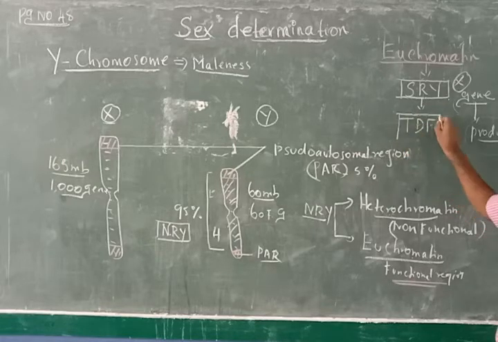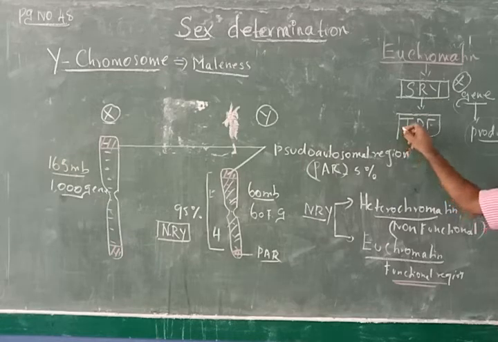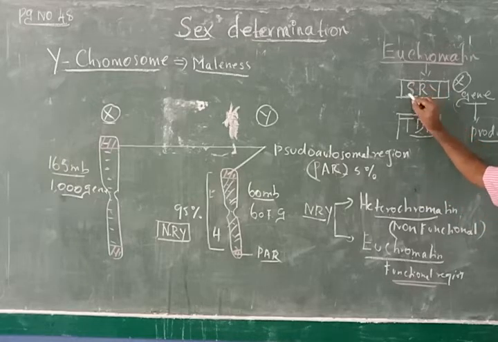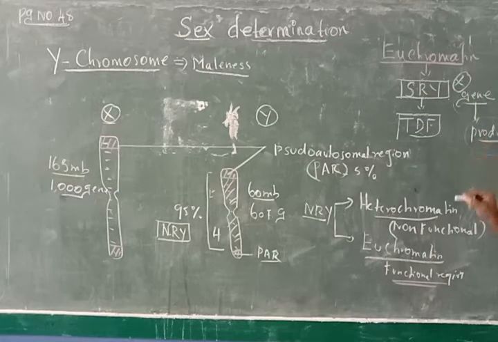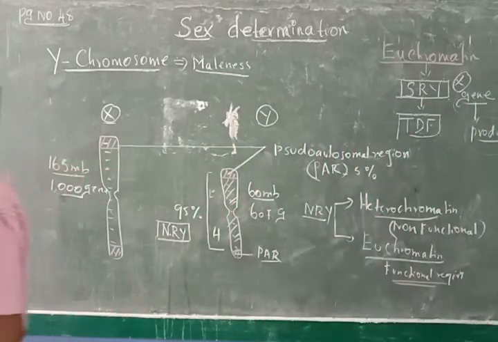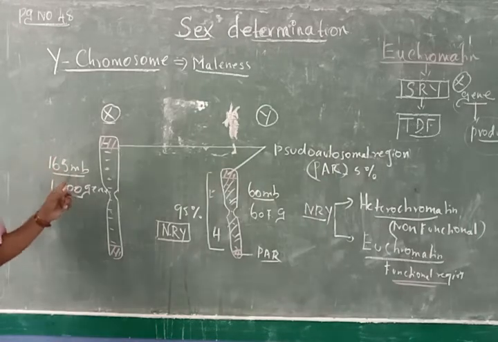What is this TDF? T is for testicular, the testis developing factor. So in a male, if it has the SRY gene, this gene will produce the testis. So this gene is responsible for producing testis, and this gene is not present in the X chromosome. That is the reason testis is not developed, and it becomes female.